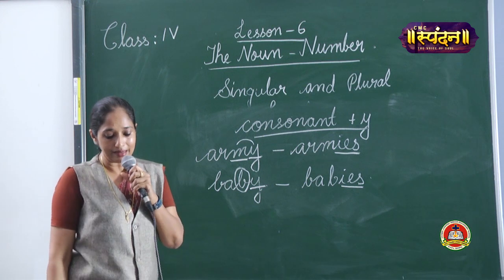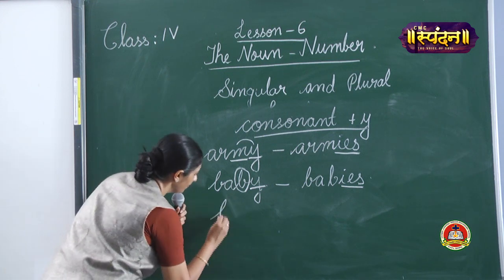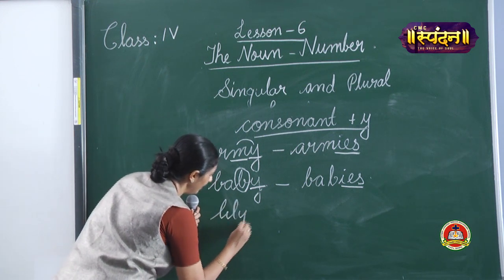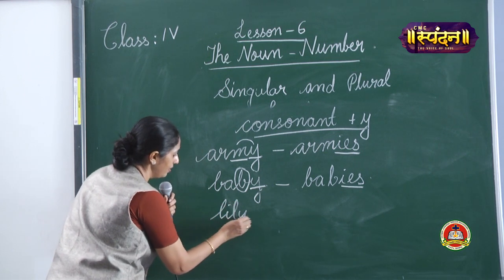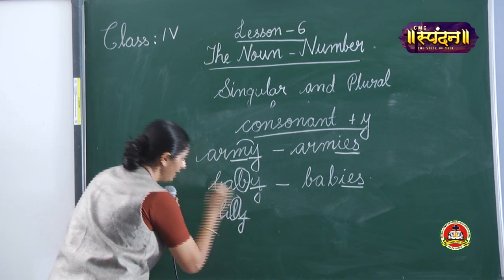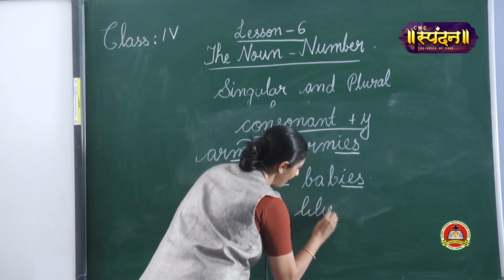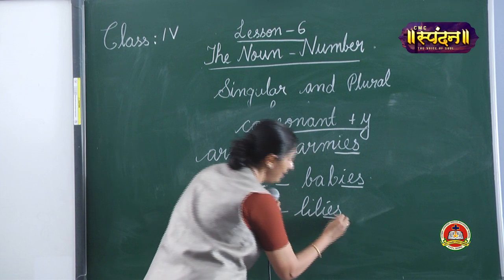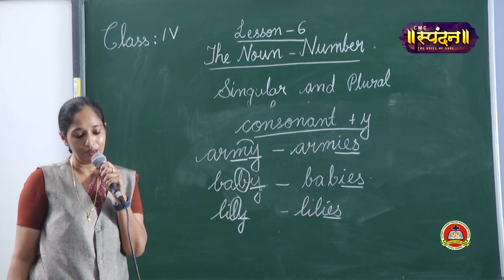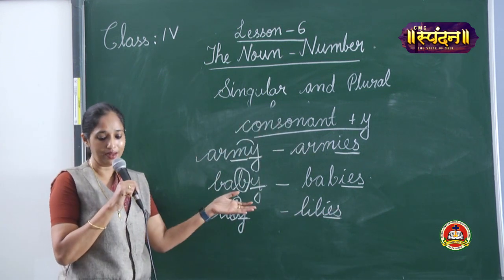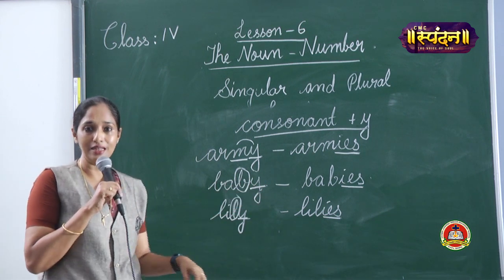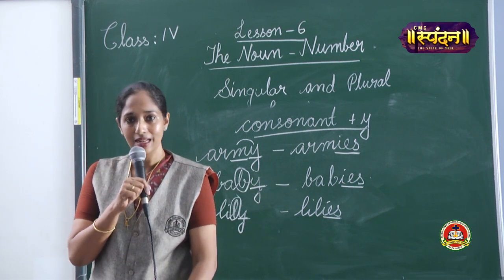Let's have a look at another example. Lily. Y. Before y, consonant. So drop y and add ies to form the plural. Many words are there: city, cities, story, stories, like that.